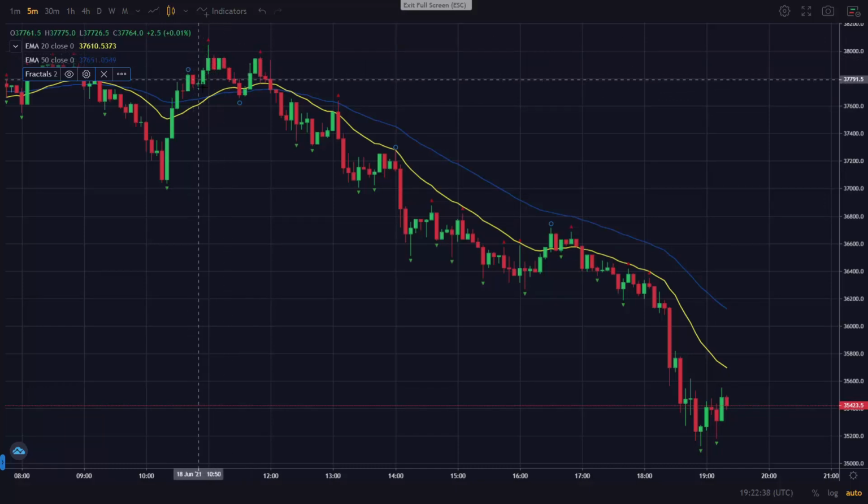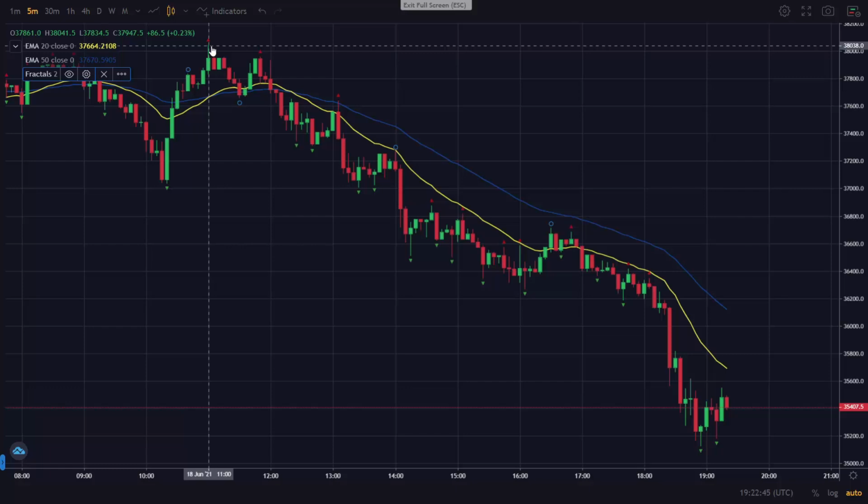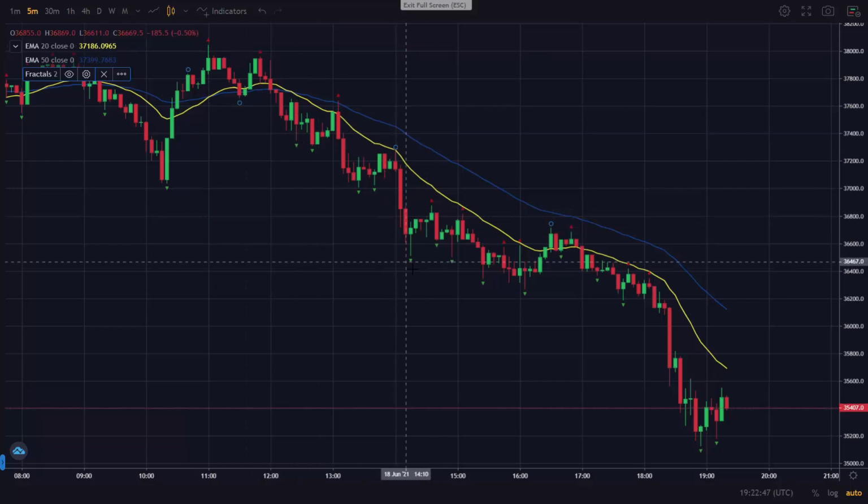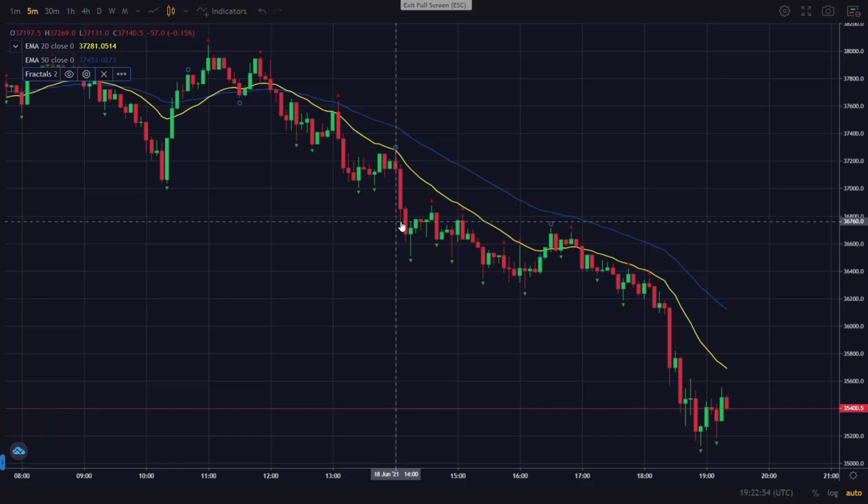So compared to these 3 candles here and these 3 or 2, it's showing you this is the most extreme point. And the same goes for the arrows below. They're showing you the most extreme points from the candles around that specific candlestick.